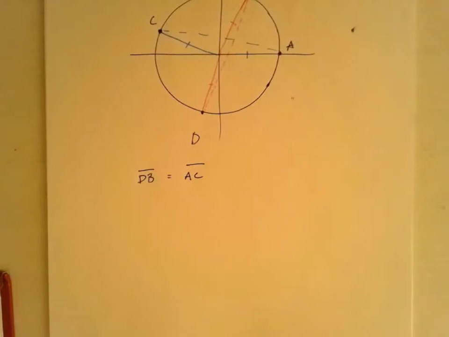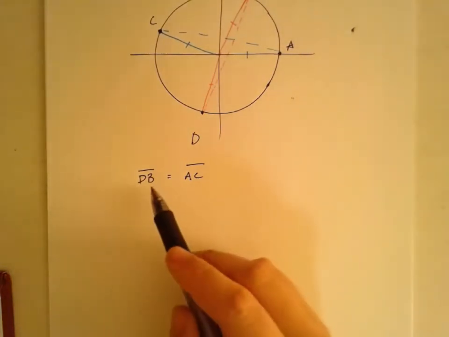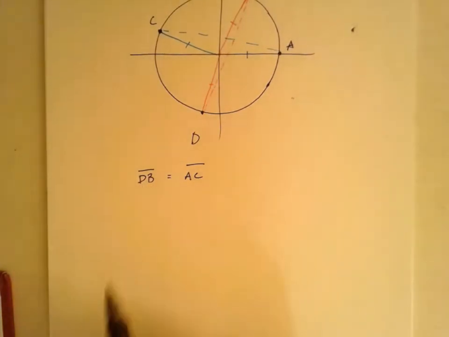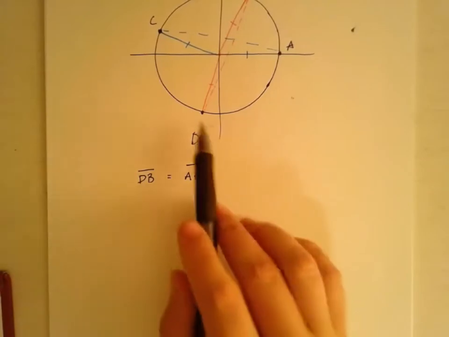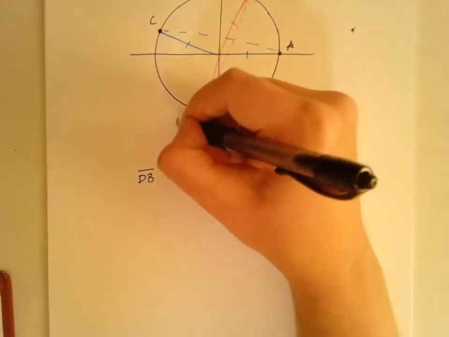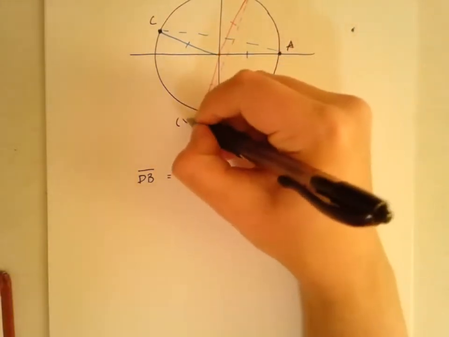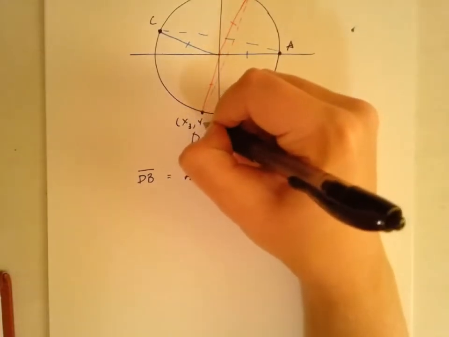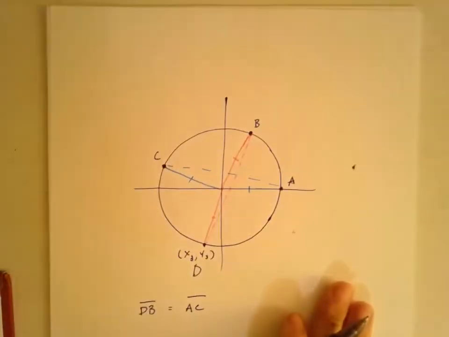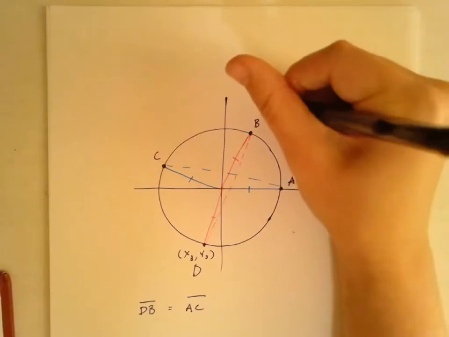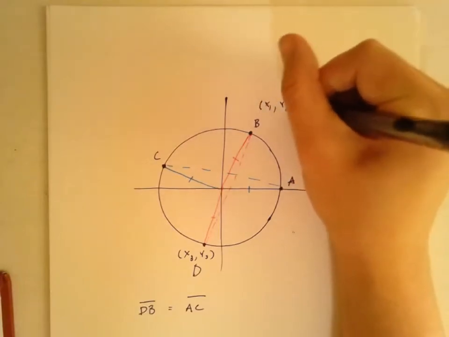And so, what I can furthermore fill in there is using the distance formula, those coordinates that I talked about earlier. So here we go. I can write out DB and AC in terms of the distance formula because, again, these are also coordinates. I'm going to write those again. D was the coordinate x sub 3, y sub 3. B was the coordinate x sub 1, y sub 1.